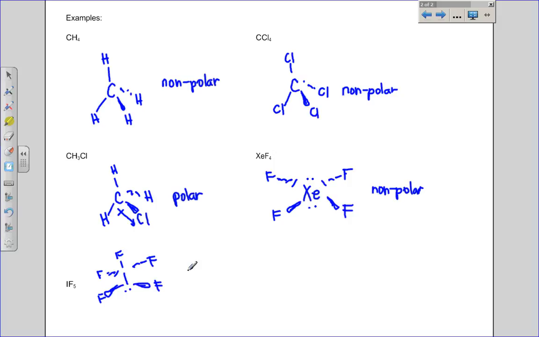So this is going to be a polar molecule. I don't need to study it any further than that. I don't need to identify whether or not the bonds are polar in here, because this lone pair is going to result in, overall, some kind of polarity in the molecule.